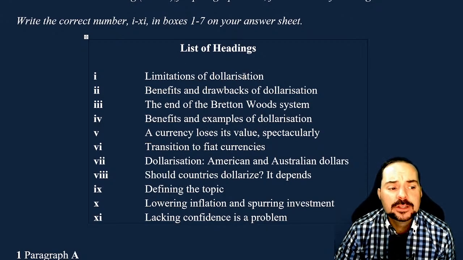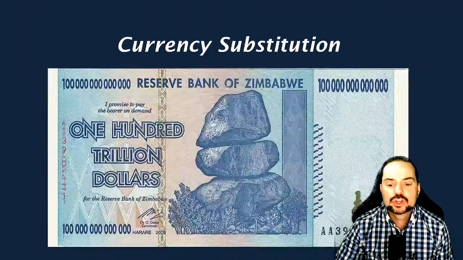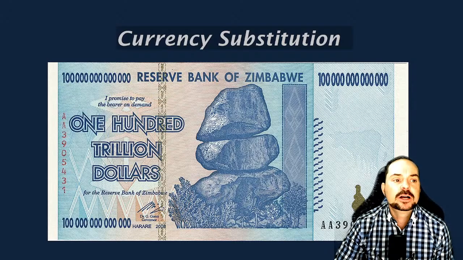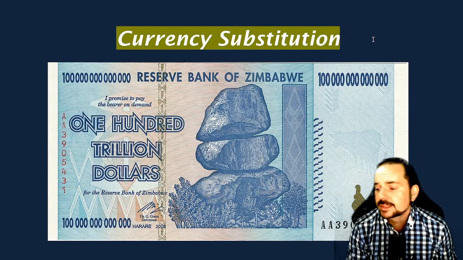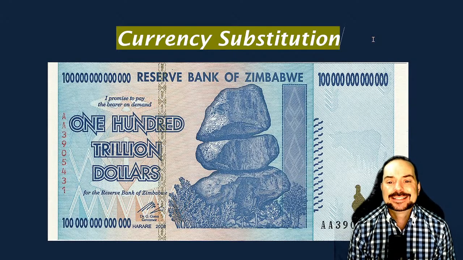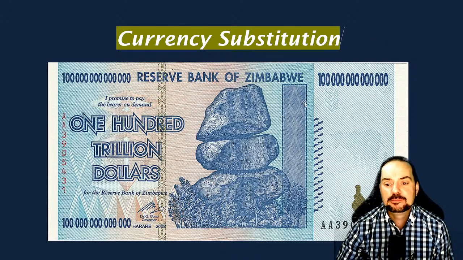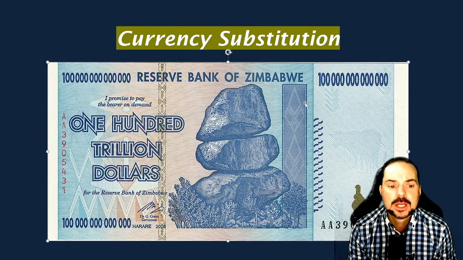But before you read the list of headings, importantly, you should look at the title, and if you have a picture like you have here, you should look at that. Okay, so here the title is currency substitution.